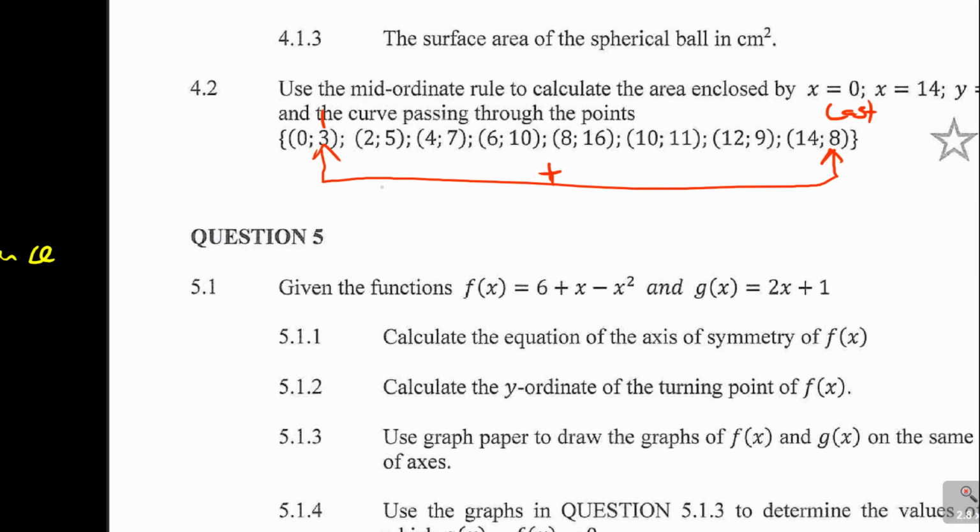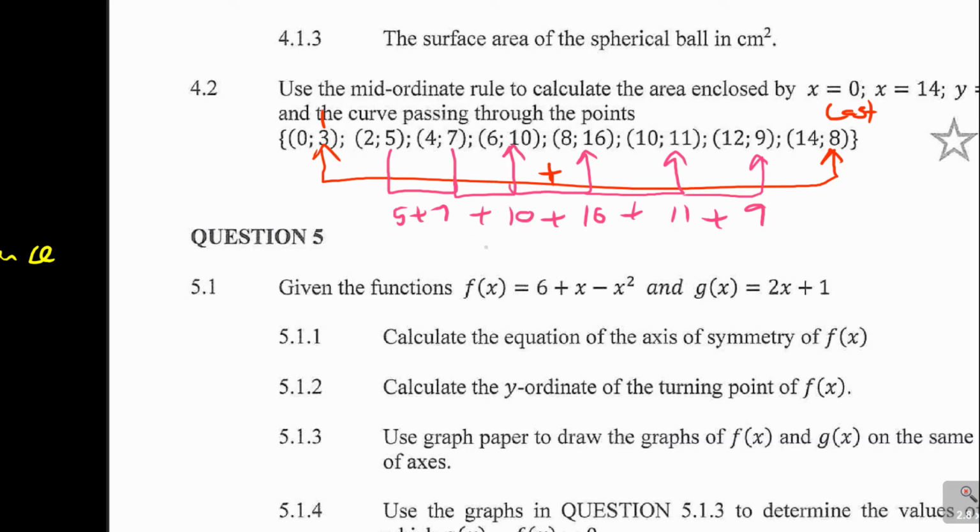That's where you do the other ones now. You've got 5 plus 7 here, and then the next one is what? Let's add this, plus 10, and this. So it's 5 plus 7 plus 10 plus 16 plus 11 plus 9.